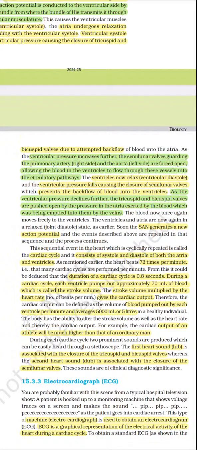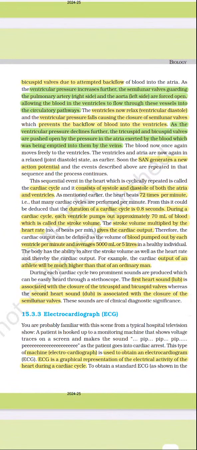As the ventricular pressure declines further, the tricuspid and bicuspid valves open. The SA node generates a new action potential.